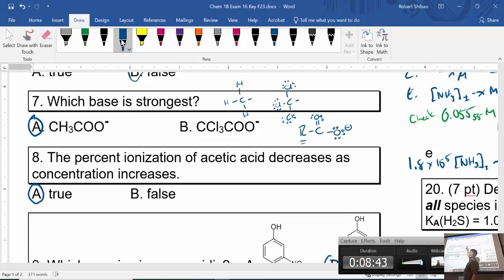And so count the electrons. Here, I'll put the carbon in there. This is the R group here. The R group is this. This carbon's not considered the R group.